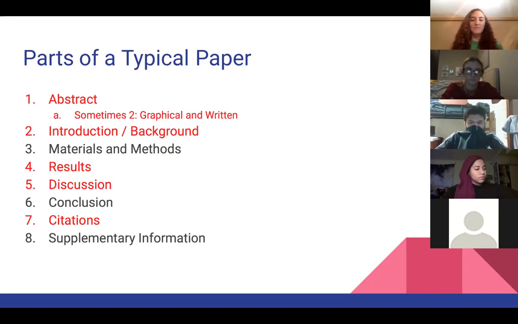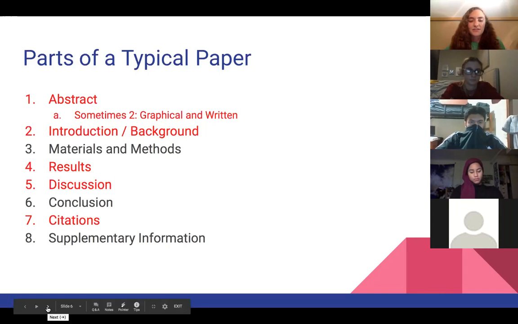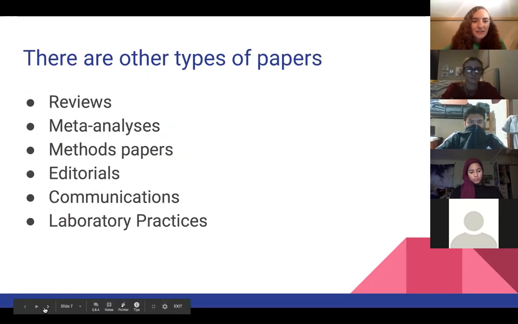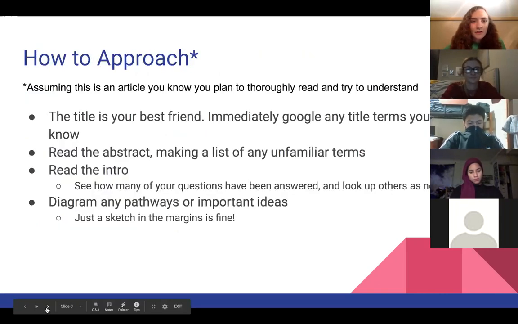Citations are important. Supplemental information would be more like your graphs and any imaging or anything like that. Extra stuff. So we covered that.